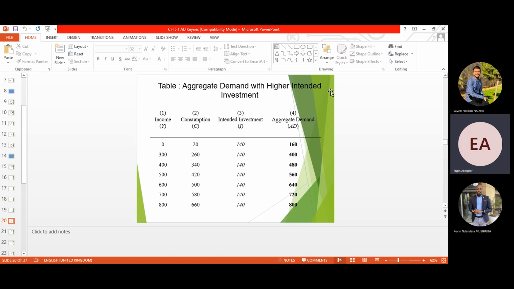The summation of the consumption and intended investment gives you the aggregate demand. At 800 we have the equilibrium between the disposable income and aggregate demand: 660 for consumption and 140 for investment, which is the total amount of saving, and aggregate demand becomes equal at that level.